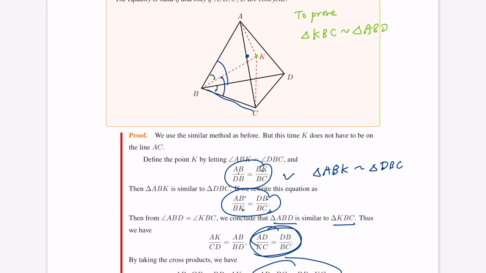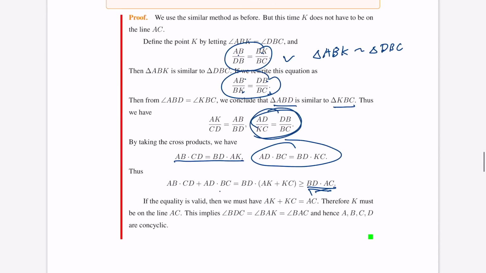And if K is on AC, then we can quickly see by the similar triangles that this angle is equal to that angle. And if these two angles are the same, they are facing the same chord. So by the inverse inscribed angle theorem, ABCD has to be concyclic, or in other words, the quadrilateral ABCD is a cyclic quadrilateral.